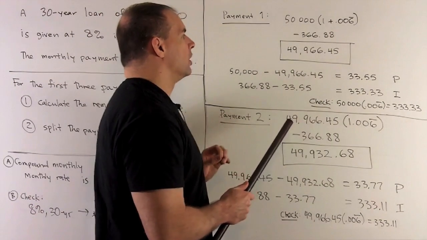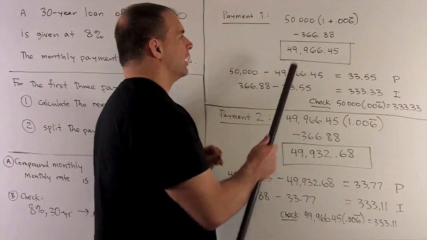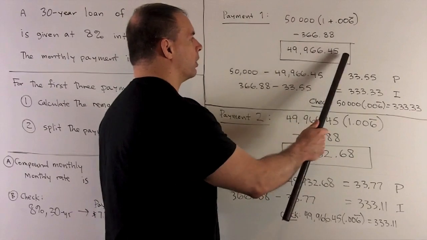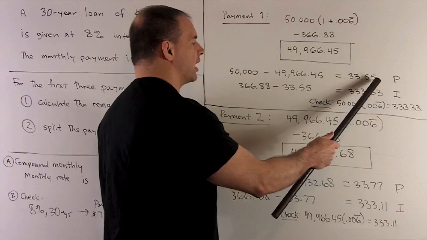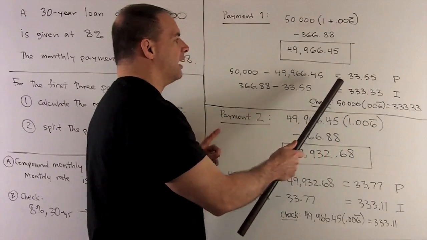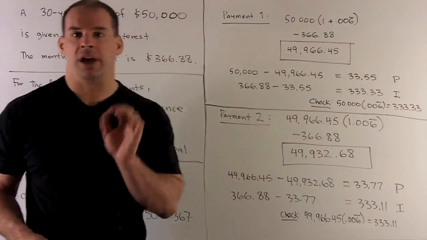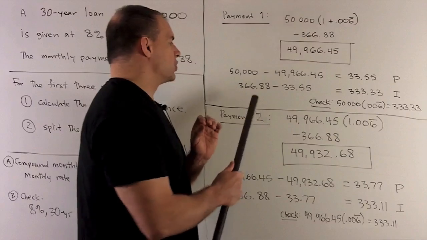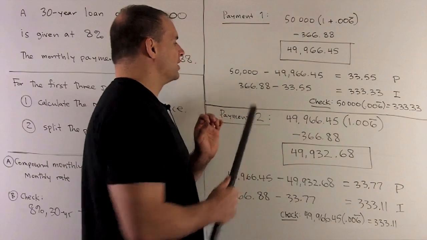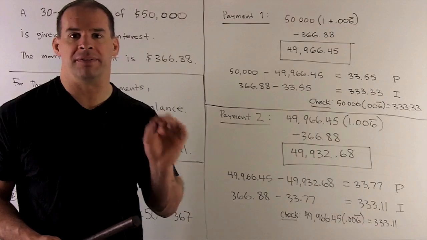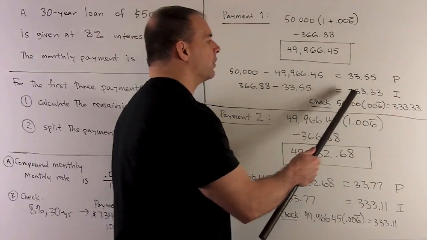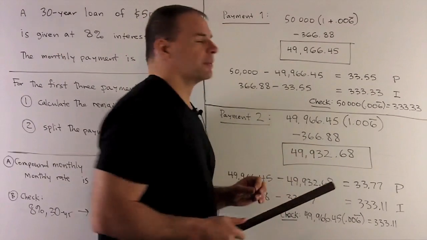If I want to split the payment up into the amount going to principal and the amount going to interest, note, if I want the amount going to principal, we just take the difference in the original principal with the new principal. That's going to give me $33.55. Then what's left over is going to go to interest. So if we take $366.88 and take off the principal amount, the $33.55, I get $333.33.